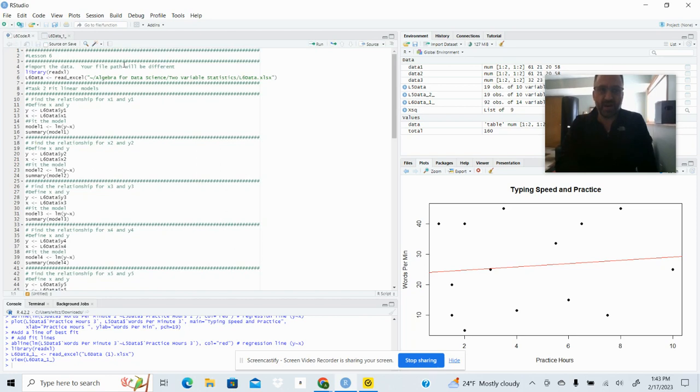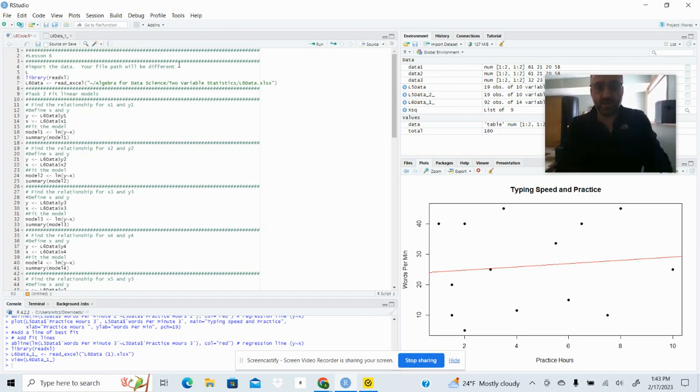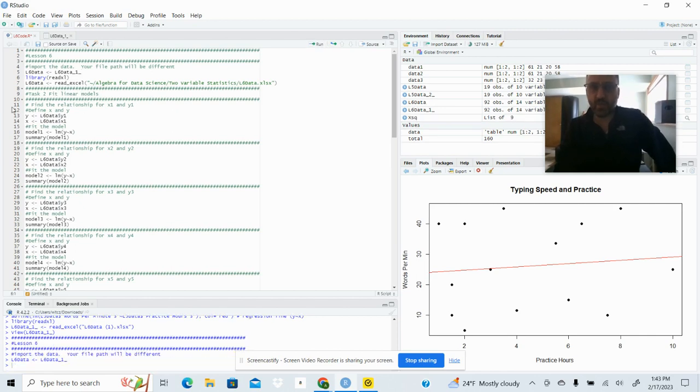So I'm going to have to change that a little bit and just call it L6_data. So I'm going to assign L6_data_1 the name L6_data. All that does is make it work when I call some of my code, so it'll be important to do that.